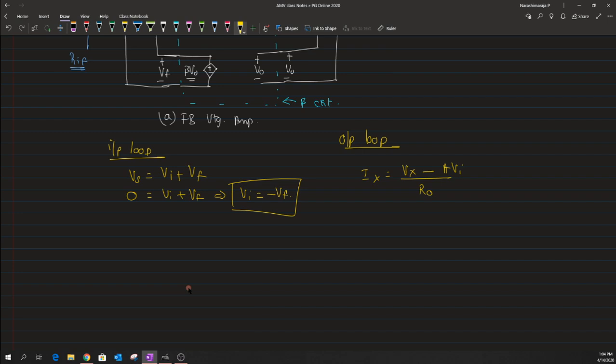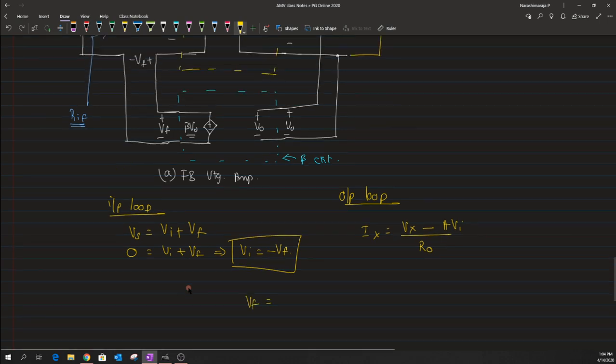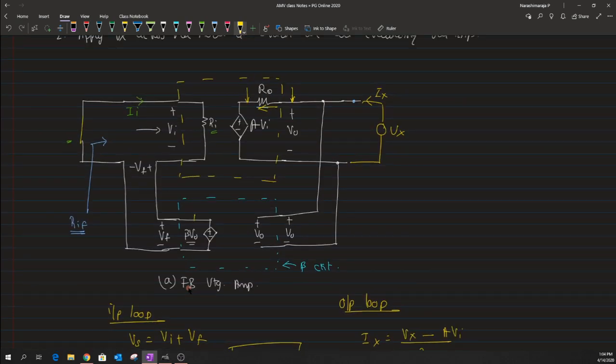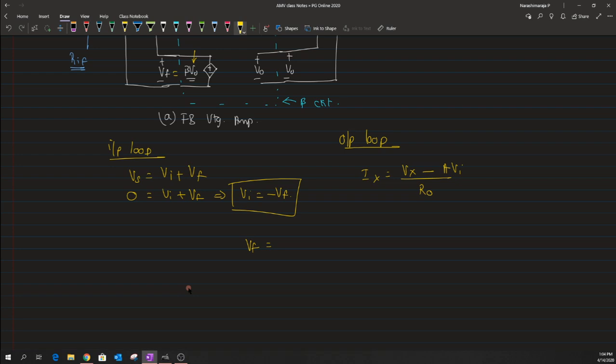And now one could write this feedback factor Vf as beta times that of V naught, right. So Vf is nothing but beta times that of V naught, and I am going to utilize that result onto our value of Vi. Okay. So Vf is nothing but beta times V naught, and due to which Vi will be written as minus beta times that of V naught. So use this result and substitute onto the value of Vi over here.